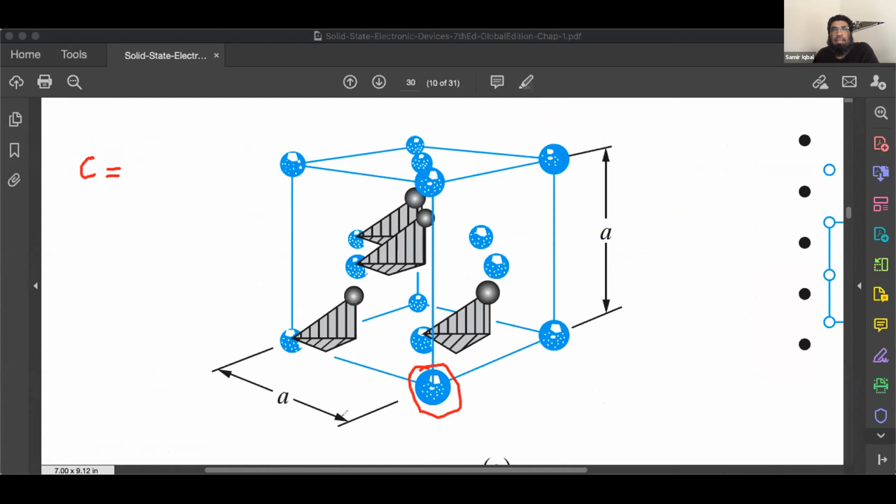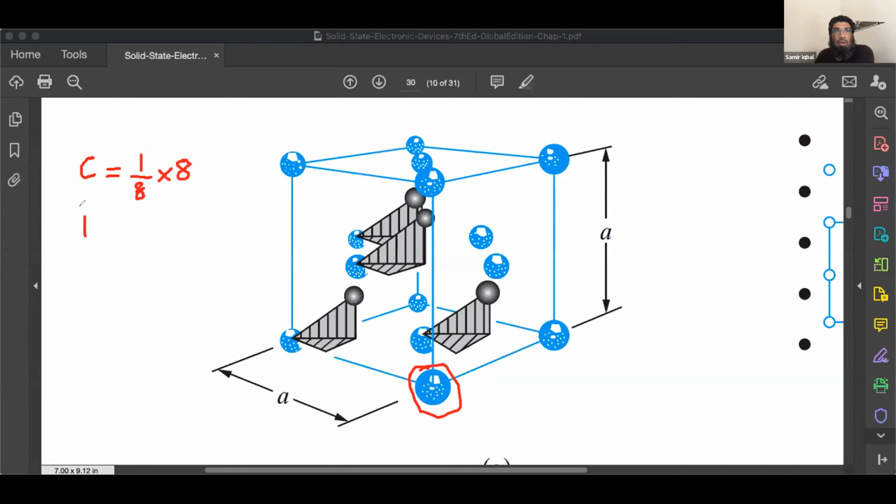All right, Omar said it. Do you all agree with me? Now, if I look at this sphere and see how much of it is inside that volume, 1/8, right? So I say one corner is giving 1/8. How many total are there on all the corners? 8. So that's the contribution coming from the corners.